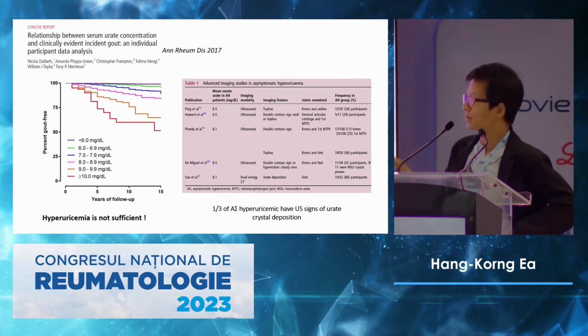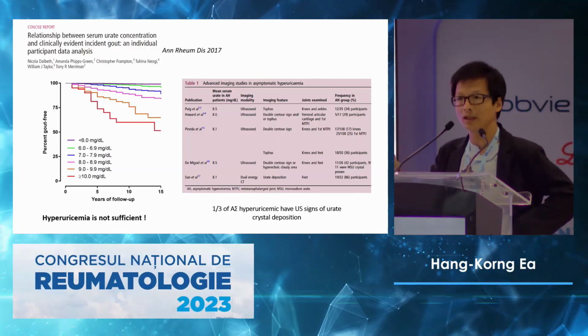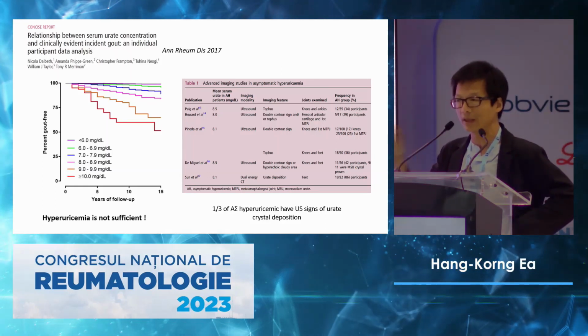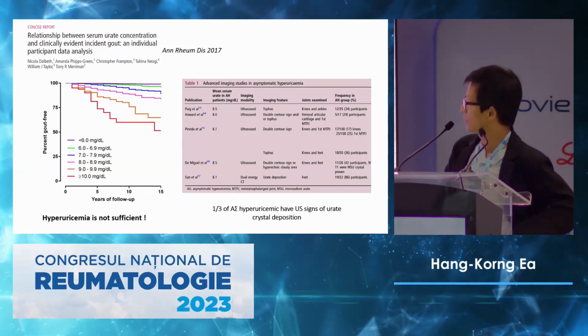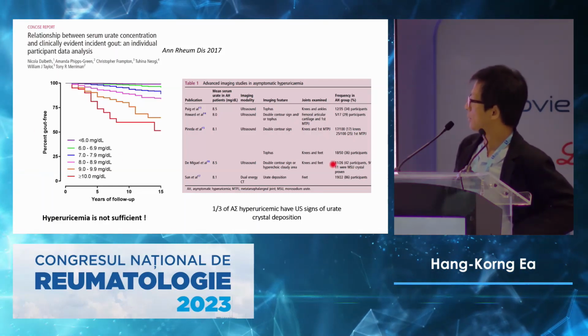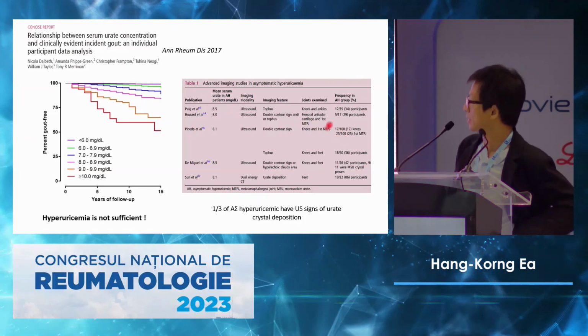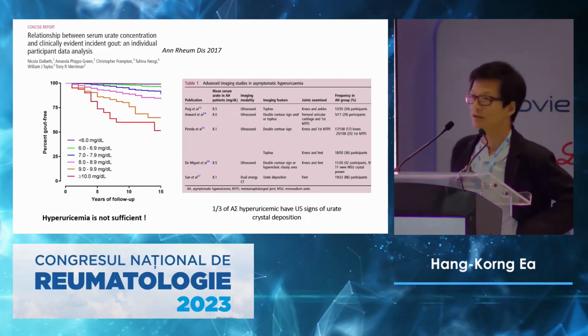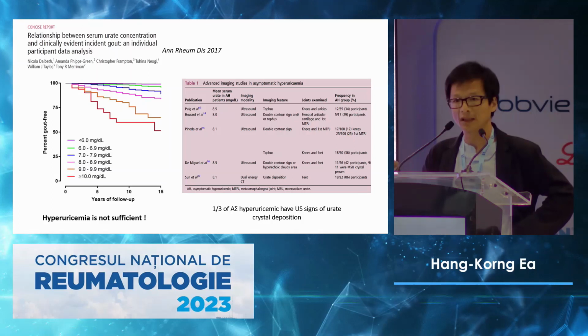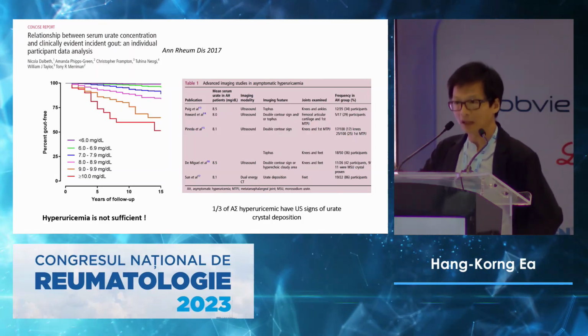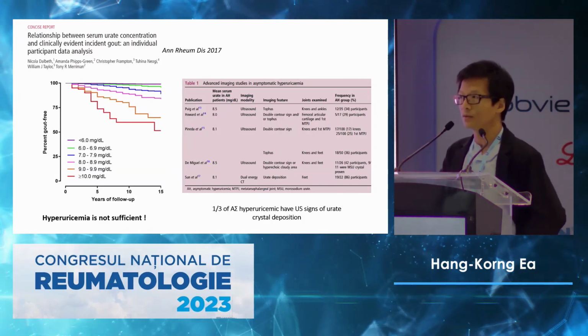So this depends on the site you assess for crystal deposition, and it depends on the study. So we have, you see, between 25% and 86% of patients with asymptomatic hyperuricemia who have, by ultrasound, signs of crystal depositions.